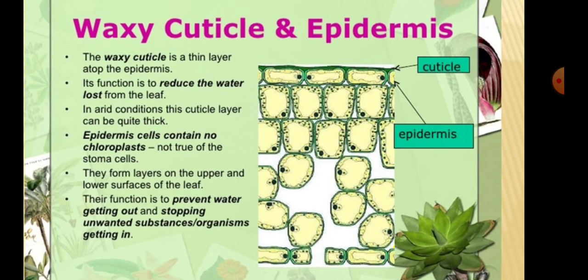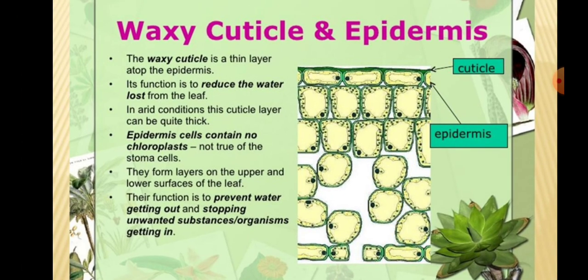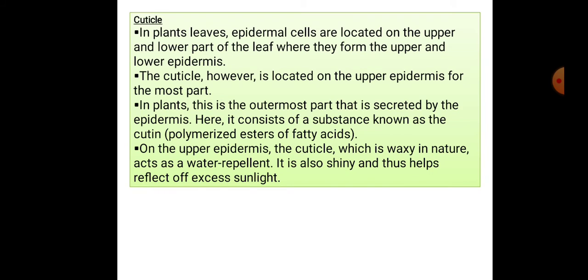Epidermis cells contain no chloroplasts; this is not true of the stomatal cells, where chloroplasts are present in guard cells. They form a layer on the upper and lower surfaces of the leaf. Their function is to prevent water from getting out and to stop unwanted substances or organisms from getting inside. So this cuticle plays a very important role.